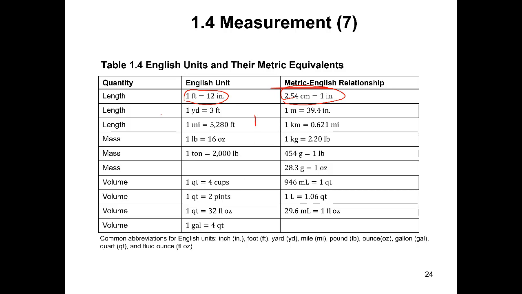They can't remember the English ones. They can't remember how many ounces are in a quart and things like that. The metric units make a lot more sense. You've got 1,000 in one or 100 in one, those nice round numbers, instead of 2,000 pounds in a ton, 16 ounces in a pound, things like that.